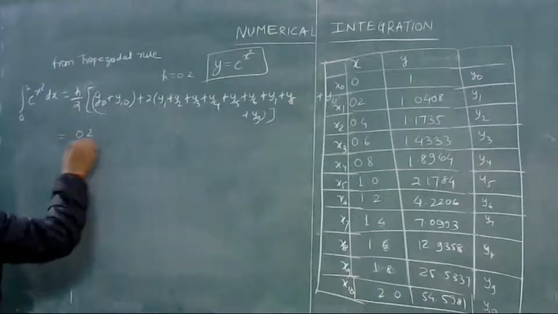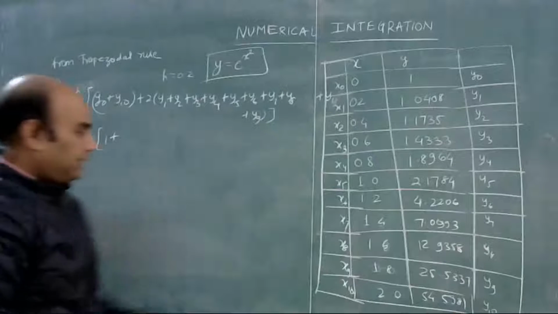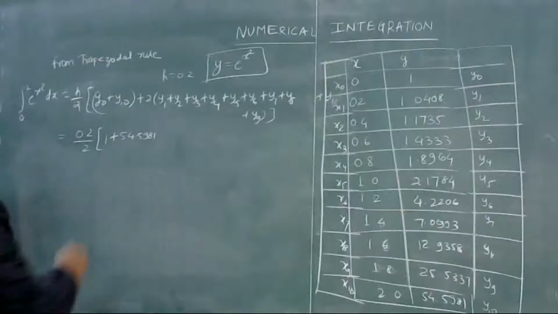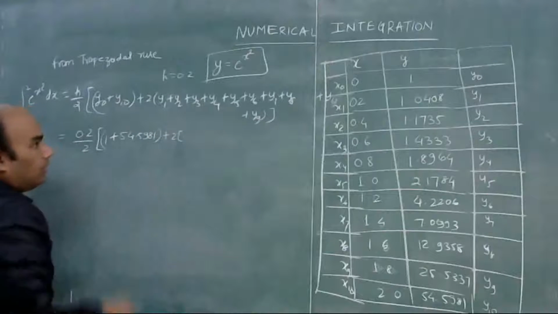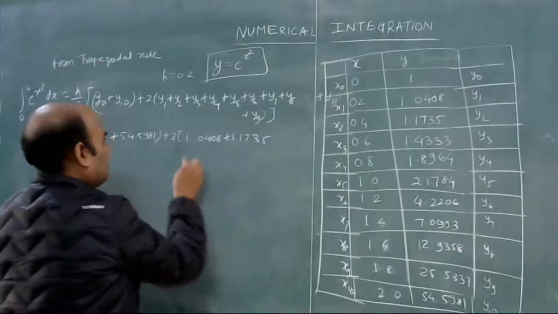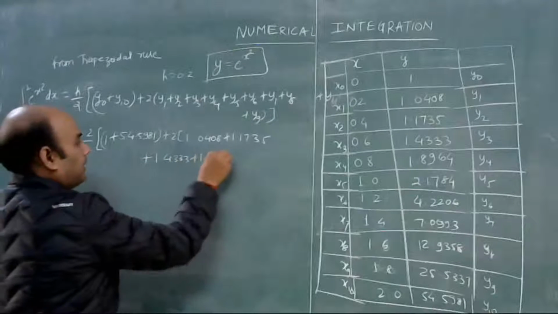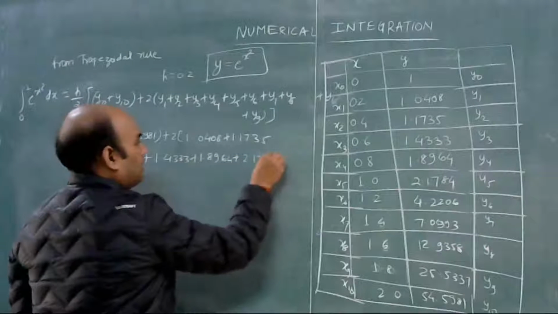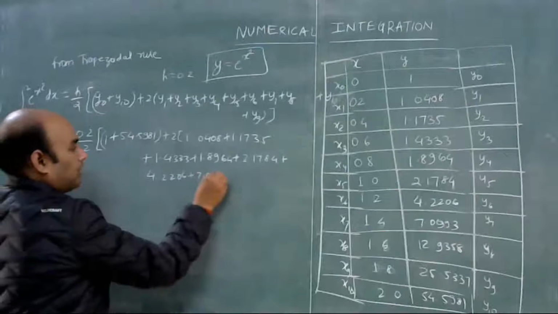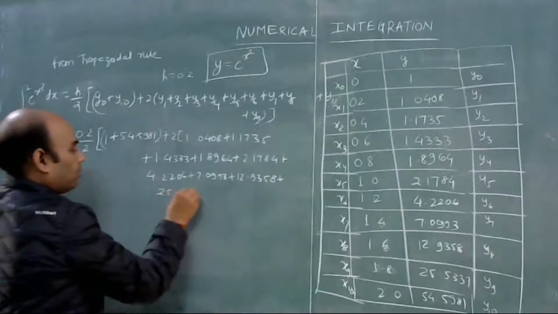So this is 0.2 by 2, and y0 is 1, and y10 is 54.5981, plus 2 times the rest of the values: 1.0408, plus 1.1735, plus 1.4333, 1.8964, plus 2.1784, plus 4.2206, 7.0993, plus 12.9353, plus 25.3.